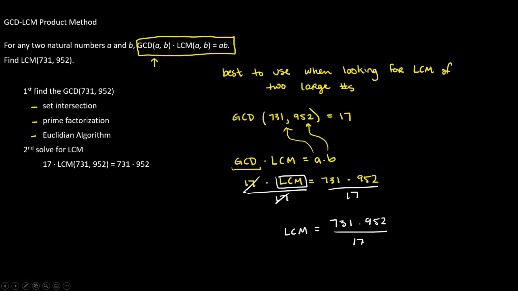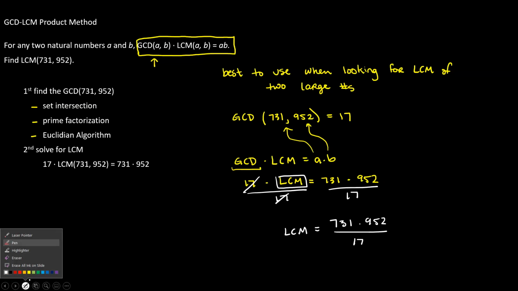Now, because 17 is a common divisor, I know 17 will divide each of these numbers. 17 will divide 731. In fact, it goes into it 43 times. Also, 17 goes into 952 56 times.